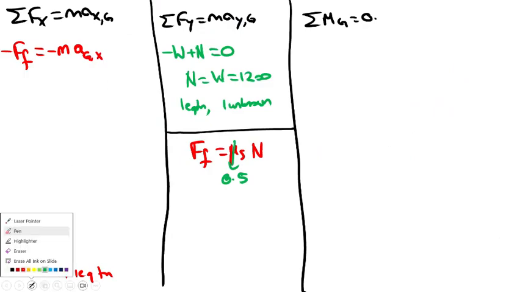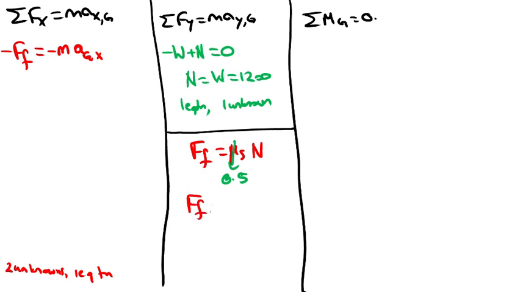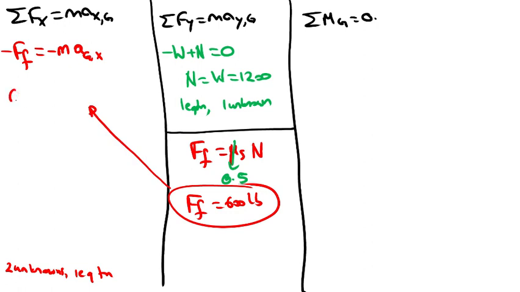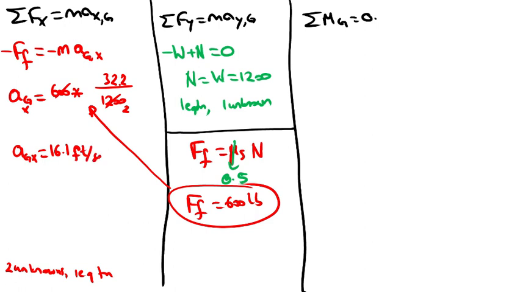From here it follows that F_f is 600 lb. Then we go back here. a_G in x will be F_f, which is 600, divided by the mass of the body, which is 1200 divided by 32.2. That's the mass of the body. This cancels out. Then a_G in x direction will be 16.1 feet per second squared.